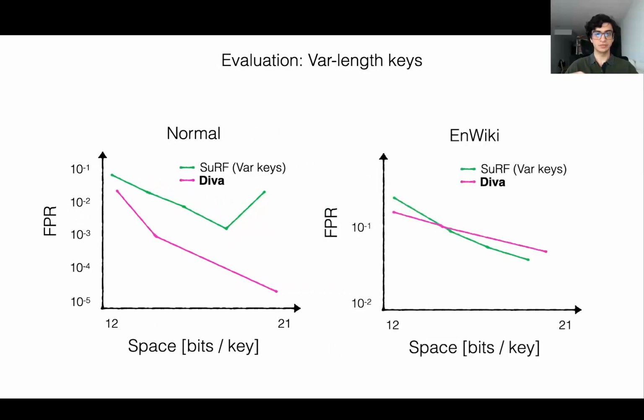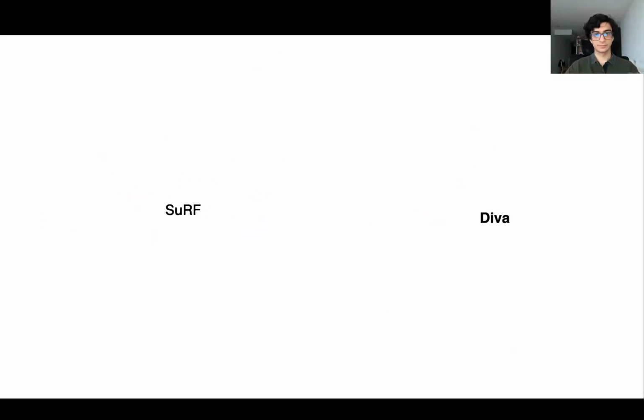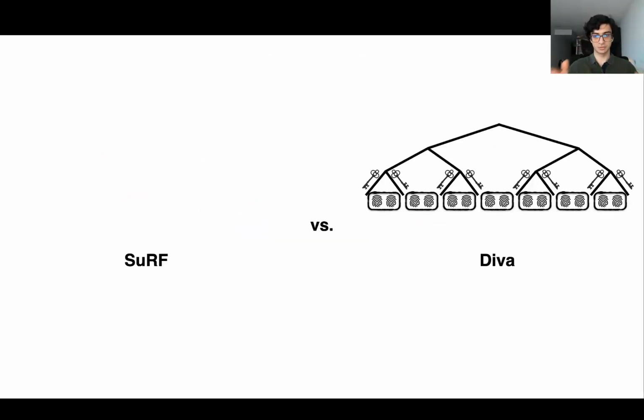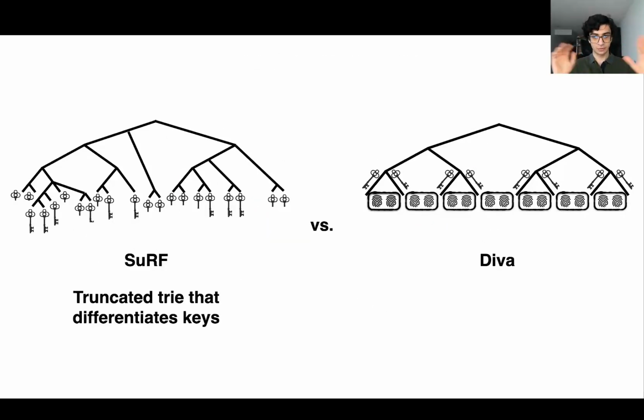We also compare Diva to Surf on a real-world English dataset, and we show that Diva attains a false positive rate that is on par with Surf and is also much better when the space budget is more stringent. Okay, so why is Diva so much better than Surf? Surf, for context, is a trie that is truncated just enough so that the keys are differentiable from each other.